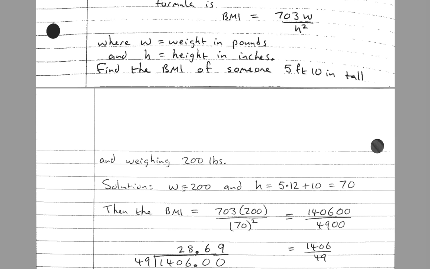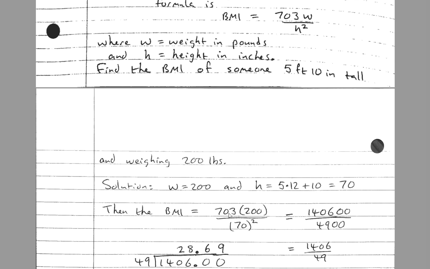Okay, so here W is the weight, so that's 200 pounds. We need the height in inches, so convert this just to inches. Every foot is 12 inches. So it's 5 times 12 plus 10, so 70 we need for H. Now substitute. So we need a 70 squared on the bottom.